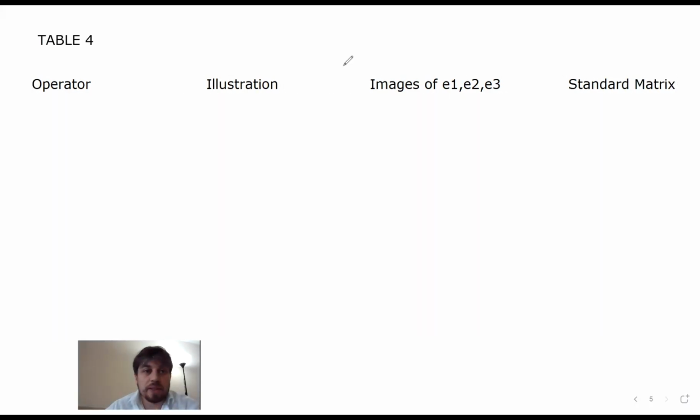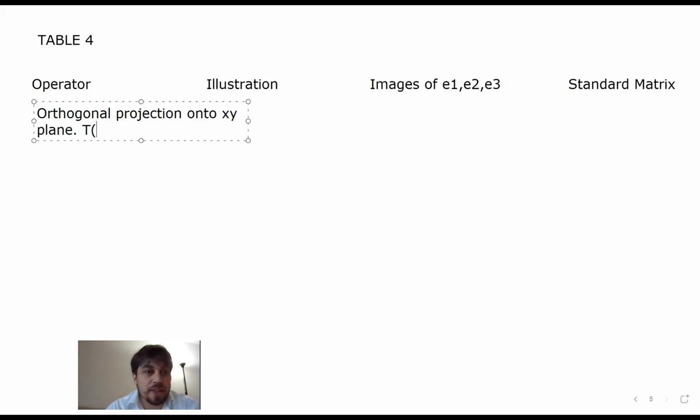Okay, so the operator here is the orthogonal projection onto the xy plane. And it's T of x comma y comma z is equal to x comma y comma 0. It's just making the z component 0.